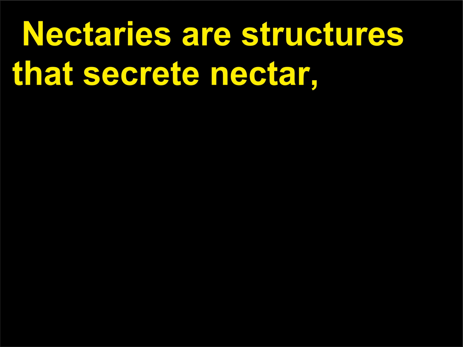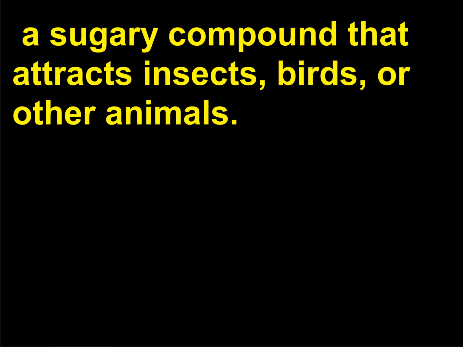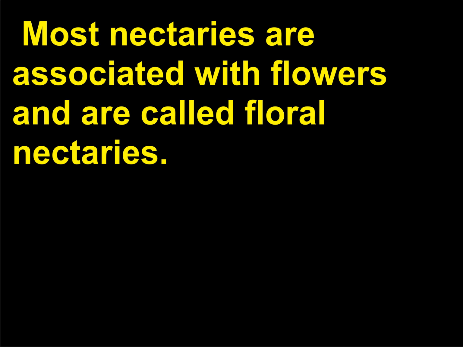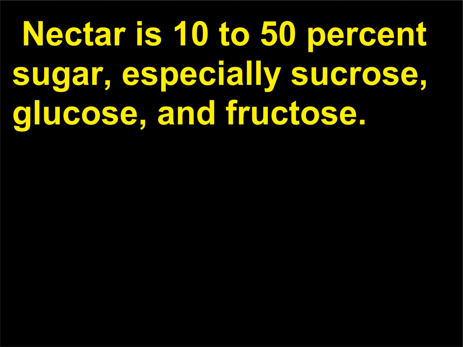Nectaries are structures that secrete nectar, a sugary compound that attracts insects, birds, or other animals. Most nectaries are associated with flowers and are called floral nectaries. Nectar is 10 to 50% sugar, especially sucrose, glucose, and fructose.